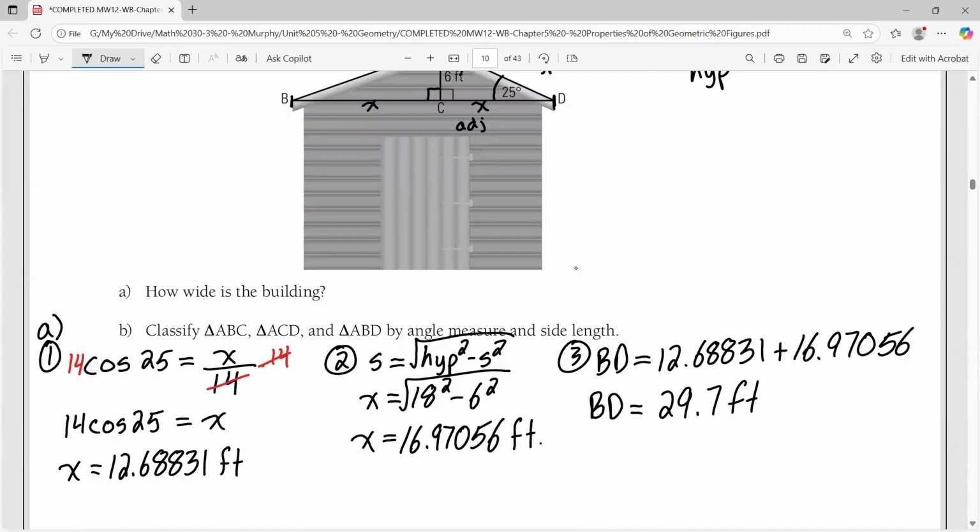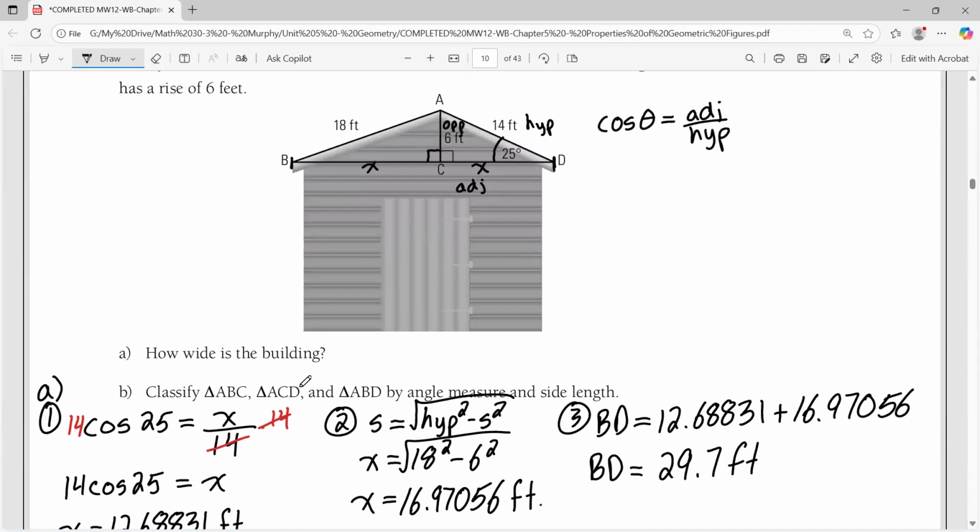All right, now B. And I'm just going to do B up here. Classify triangle ABC, so from here to B to C, by angle and side length. So triangle A, B, C. It's a right angle triangle.